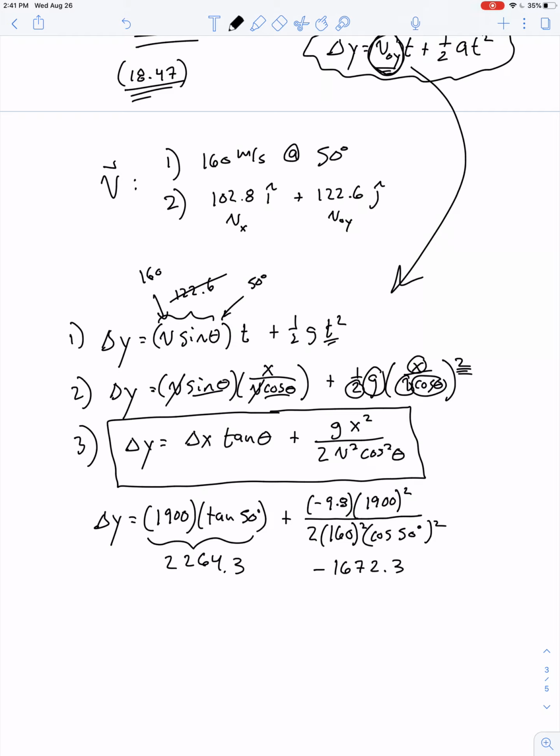And so we get an overall answer, delta y equals about 592 meters up the hillside.